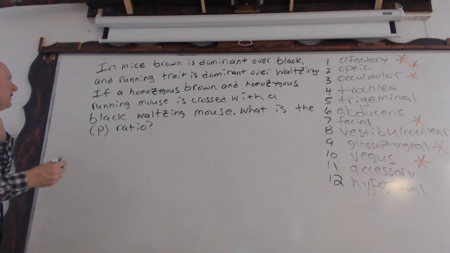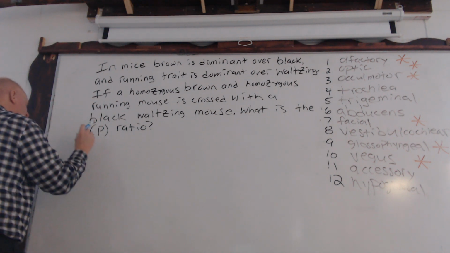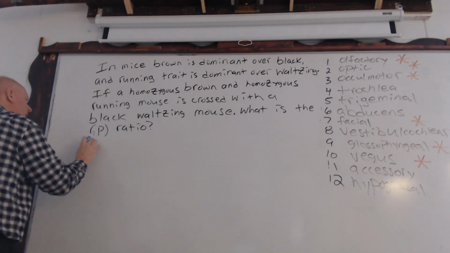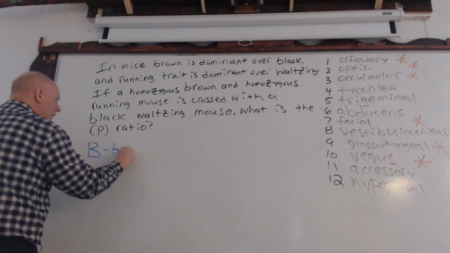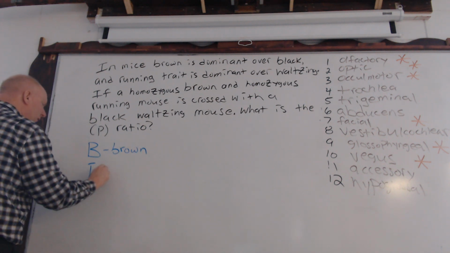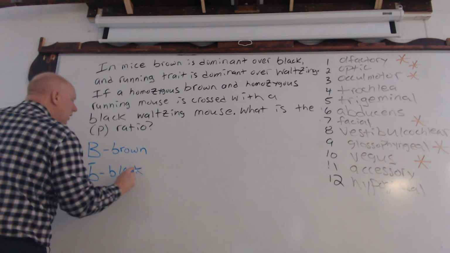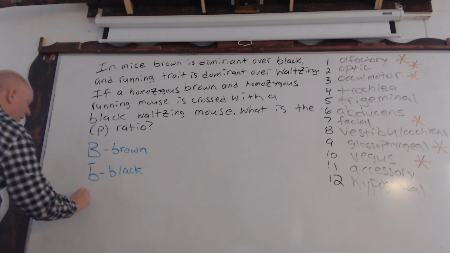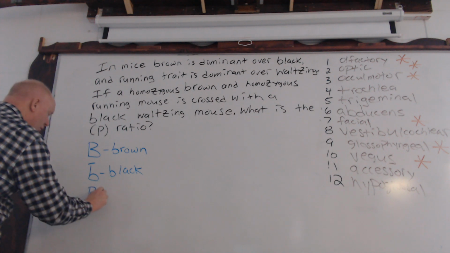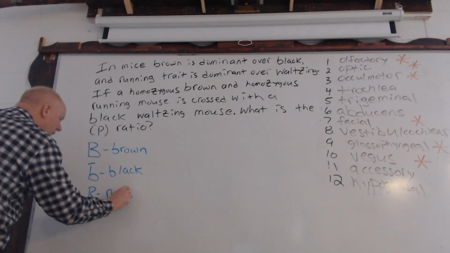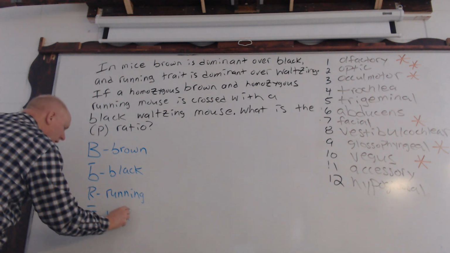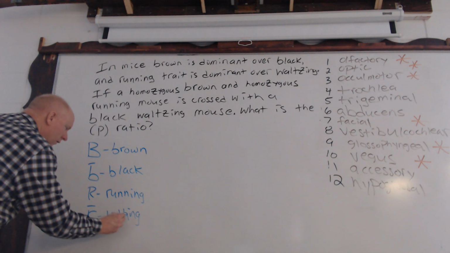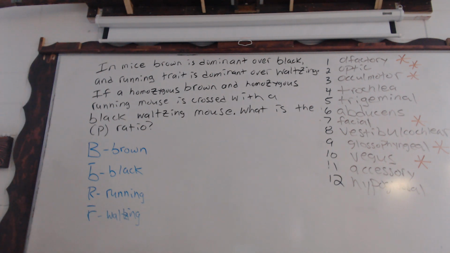So in this case, we know that brown, so that's the dominant trait, is dominant over black. Okay, and we know we'll just use a capital R for running, which is the normal trait, and then a lowercase r for the waltzing, or Shivera mice.